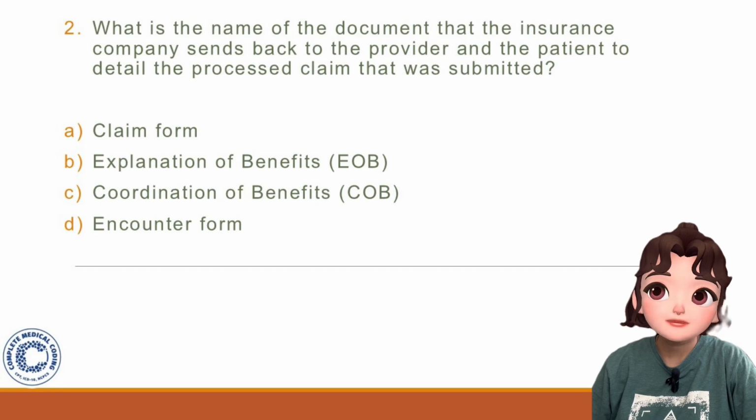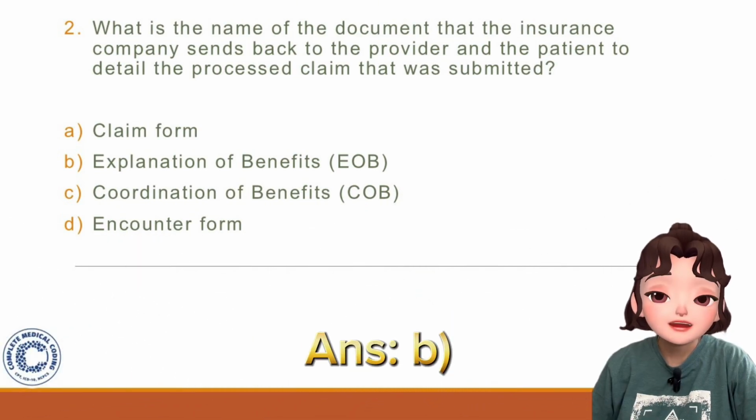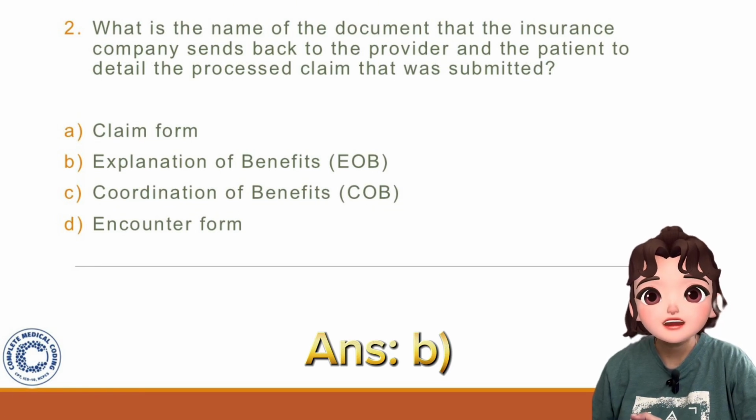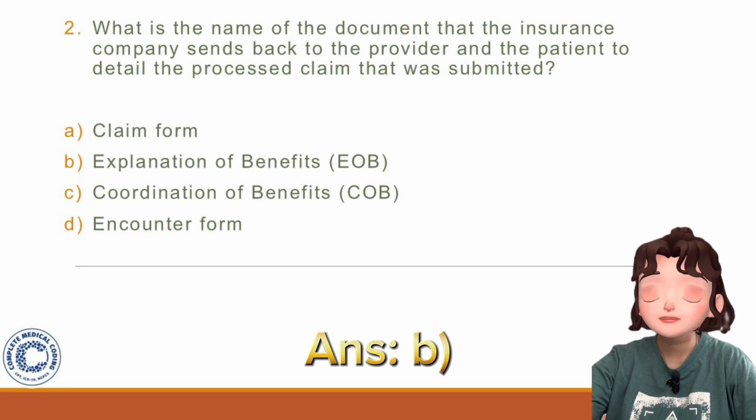That is called explanation of benefits. Option B. Explanation of benefits or EOB. In that document, it explains the detailed processing of the claim, if it is paid or rejected or whatever it is.